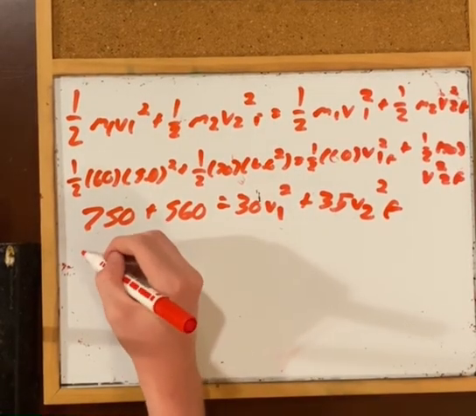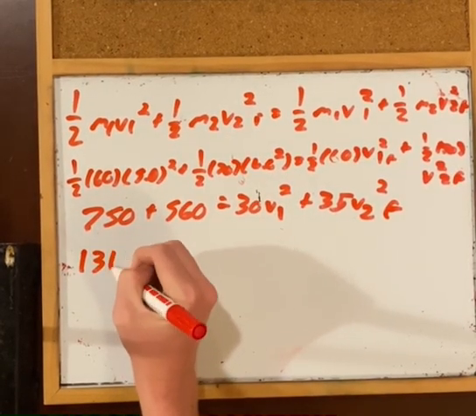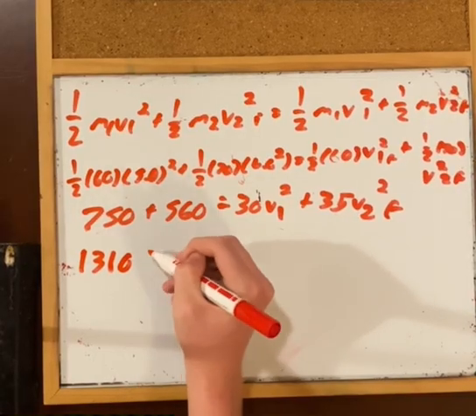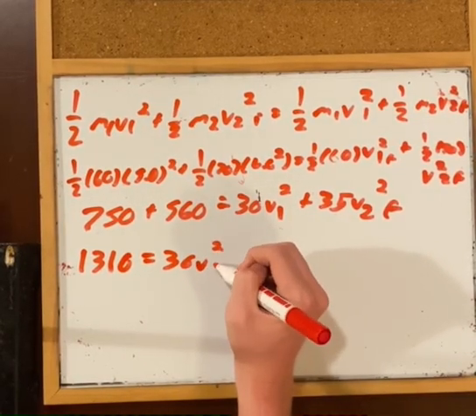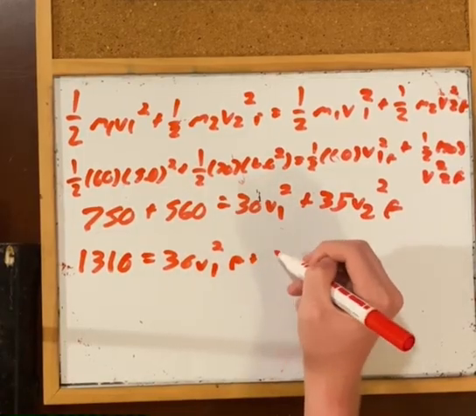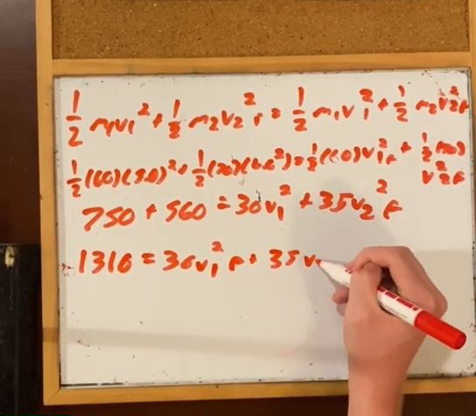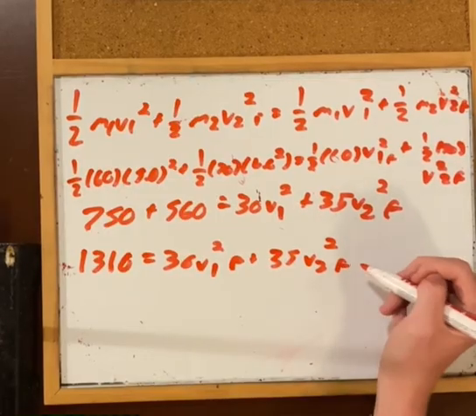And then we get 1,310 is equal to 30 v1f squared plus 35 v2f squared.